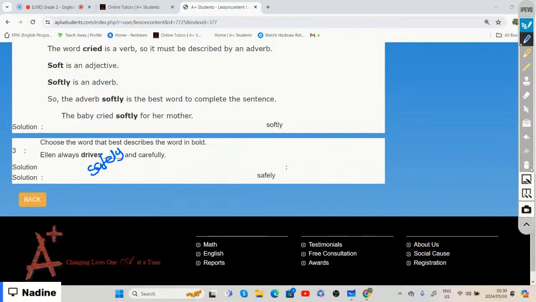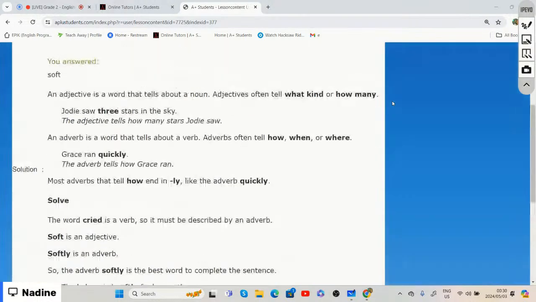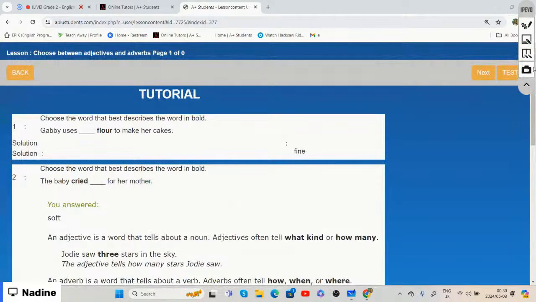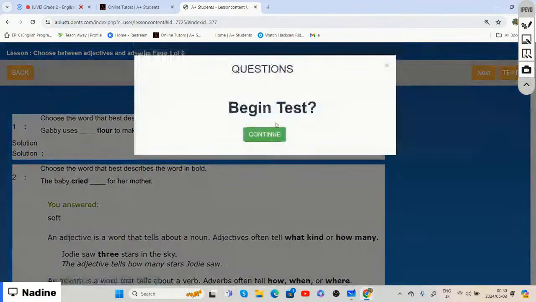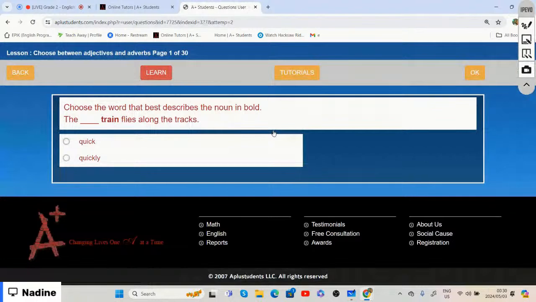All right, so now let's go to our test where we are going to choose between an adjective and an adverb. And before we start, remember an adjective tells us about a noun, right? An adjective tells us about a noun.